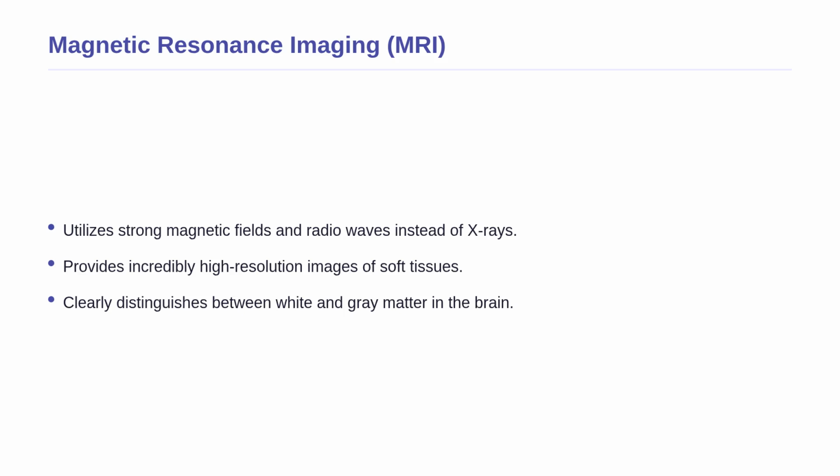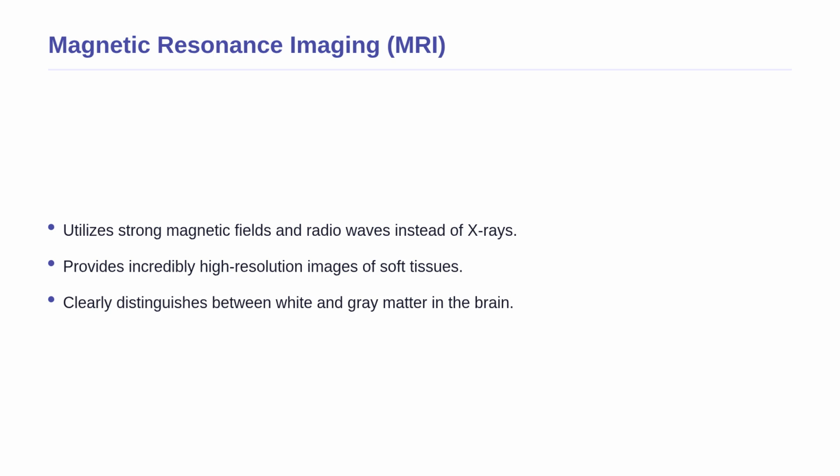While CT is great for emergencies, what if we need to see soft tissue in high detail? This brings us to magnetic resonance imaging, or MRI. Instead of X-rays, MRI utilizes strong magnetic fields and radio waves to align hydrogen protons naturally present in the water of our bodies.